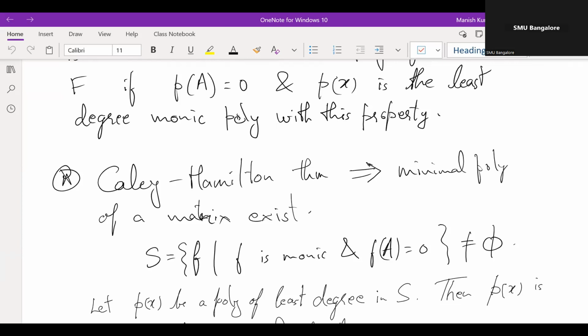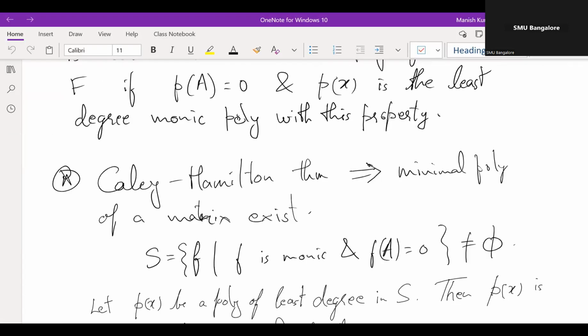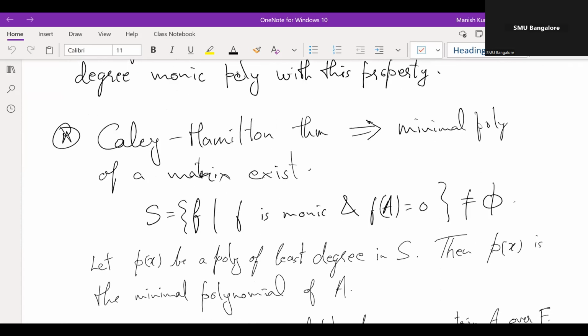The characteristic polynomial belongs there: if you plug the matrix A into the characteristic polynomial of A, then we get the 0 endomorphism. So you take p(x) to be the polynomial of least degree in S. Then p(x) is by definition the minimal polynomial of A. No smaller degree monic polynomial will be satisfied by A.